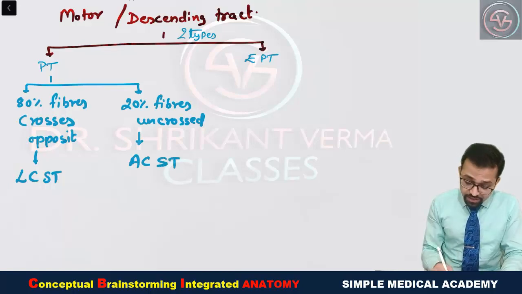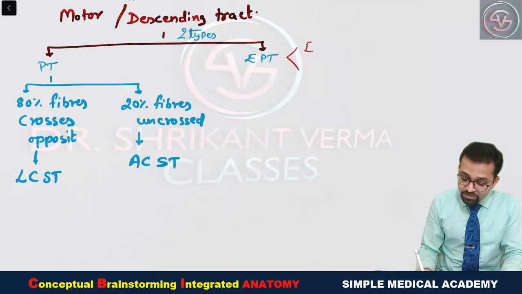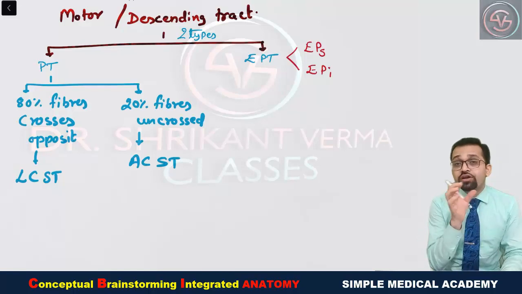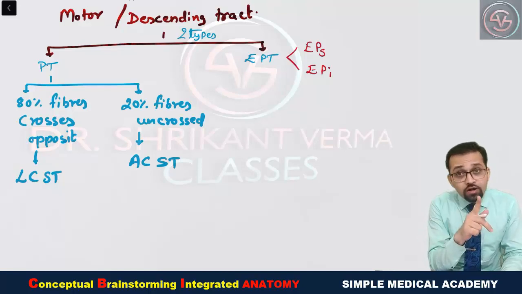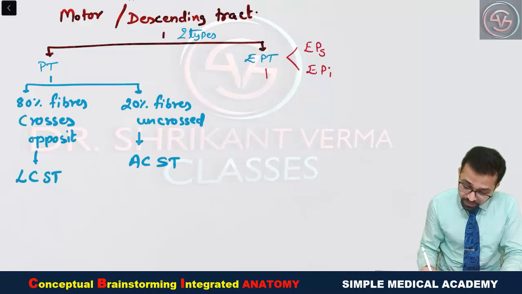Now try to understand the extrapyramidal tract on the basis of function: extrapyramidal tract stimulatory or extrapyramidal tract inhibitory. But what are the various tracts according to their location? We have already seen them in the transverse section of the spinal cord. But just for your notes we are writing here.